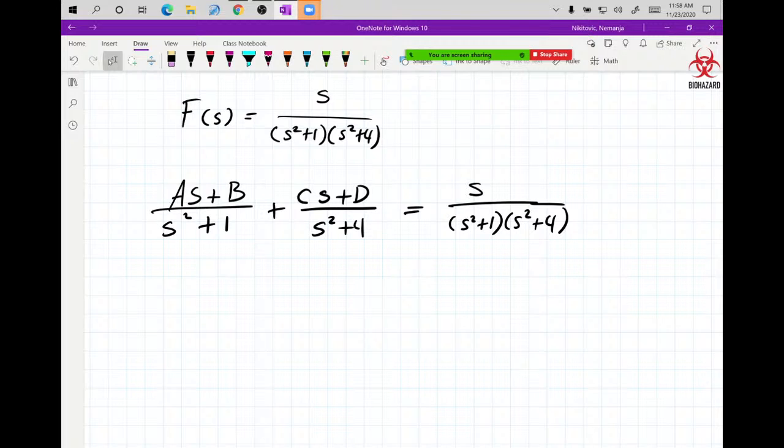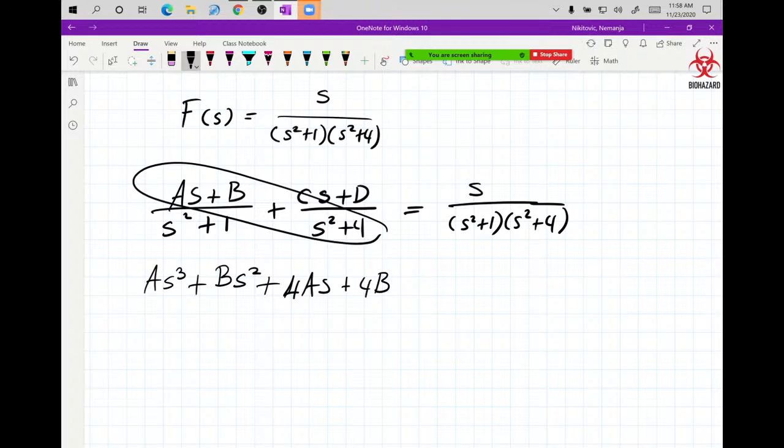So now you gotta cross multiply everything and then work that out. So what do I have? I have as cubed plus bs squared plus 4as plus 4b. That's when I multiply this. You have to have 4 terms because you are multiplying 2 binomials.